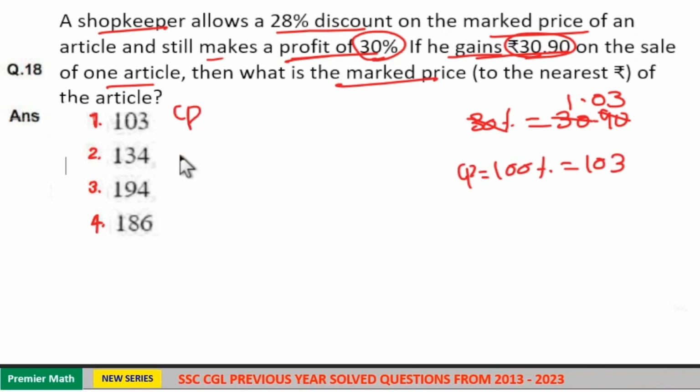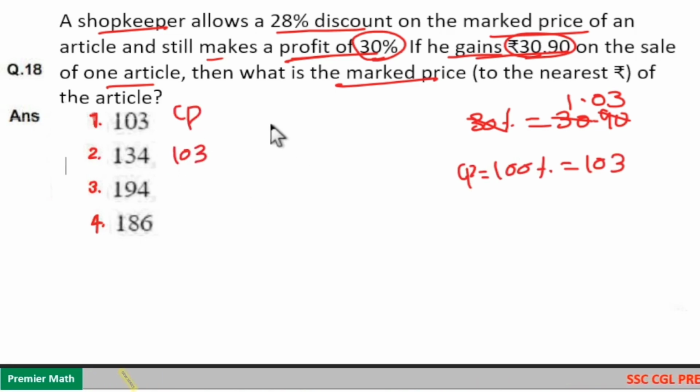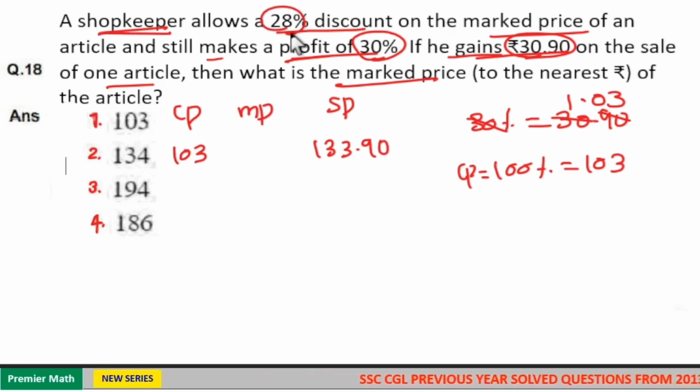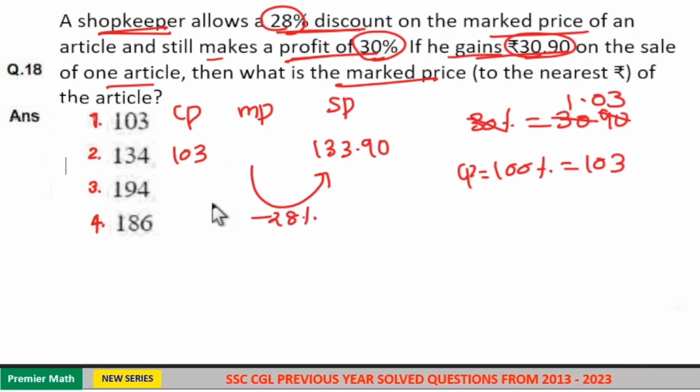Now if cost price is 103, then sell price is equal to 103 plus 30.9, which is equal to 133.9 rupees. Now here the shopkeeper allows 28% discount on the marked price. That is, when he allowed 28% discount on this marked price, this leads to the sell price 133.90.